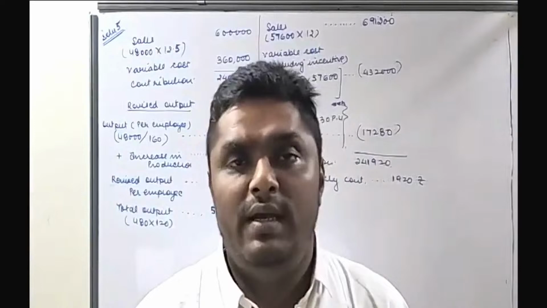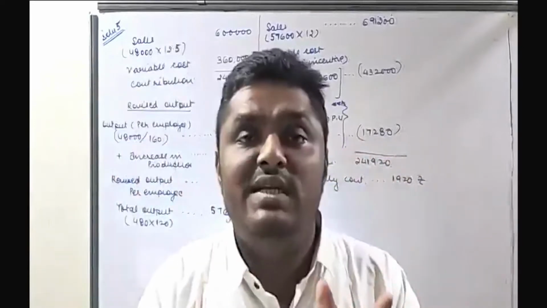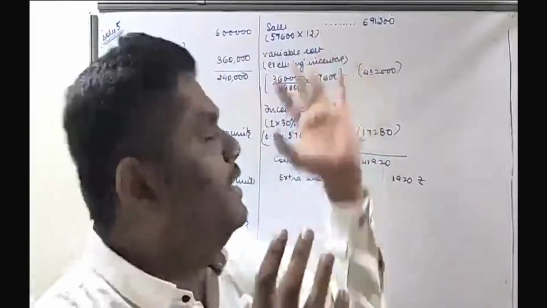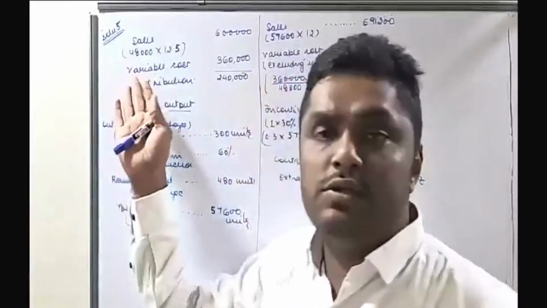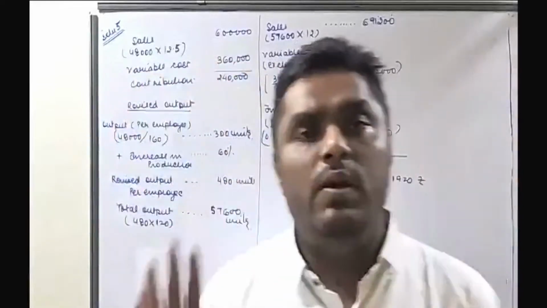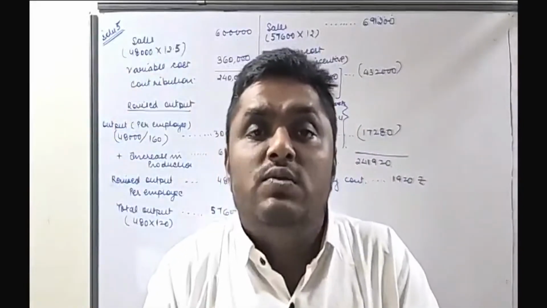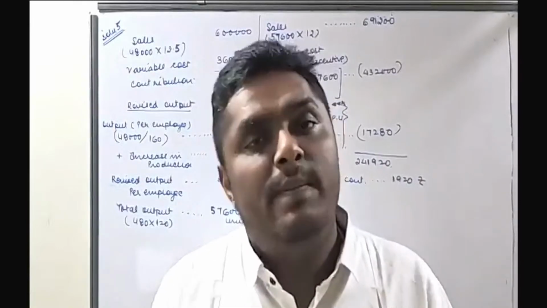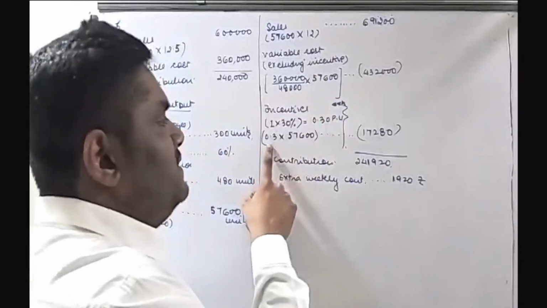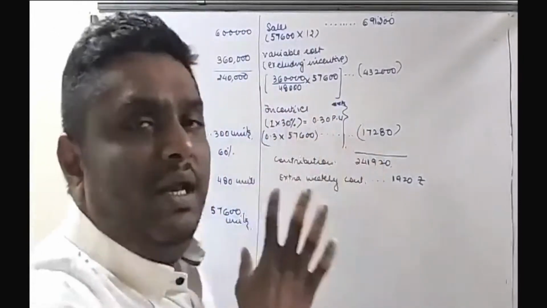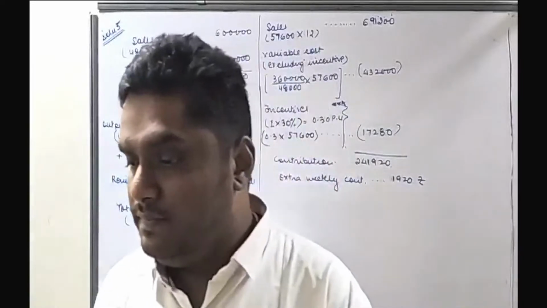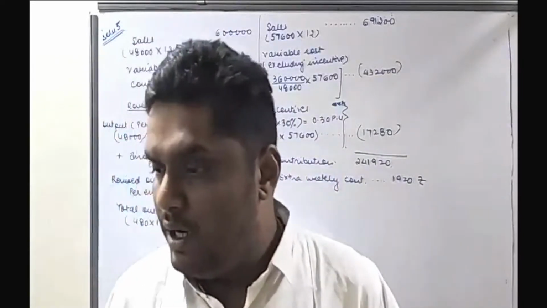Rupees 1 per article. See, this piece rate is my labor cost, and it is already included in this variable cost, because in this also it was included. So the extra cost is what? My incentive, that is 30 paisa per unit. So 30 paisa per unit into the units, accordingly I got 17,280. Very good, Om Krishna Gupta. Your answer is correct.